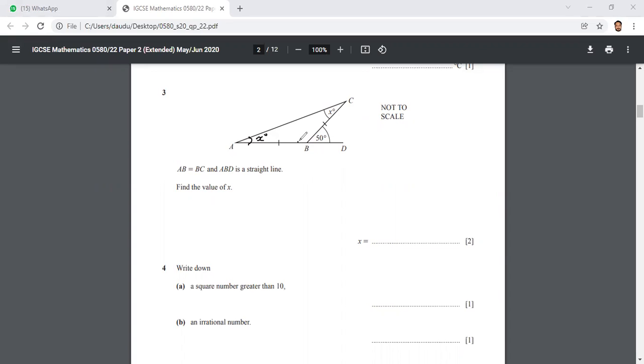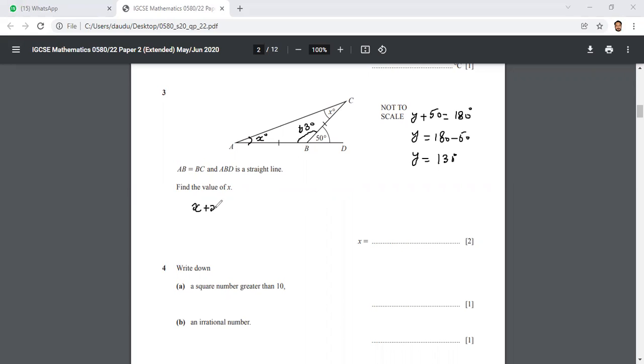We can find this angle easily because they both represent a straight line. Let's suppose this is Y. So Y plus 50 gives us 180, so Y is equal to 180 minus 50. So it is 130. It means angle Y represents 130.